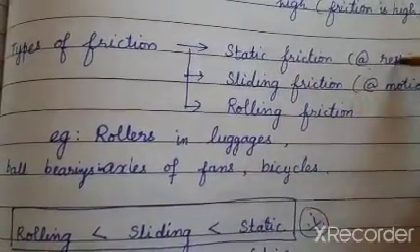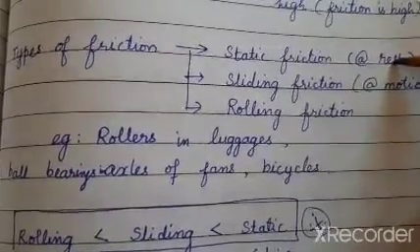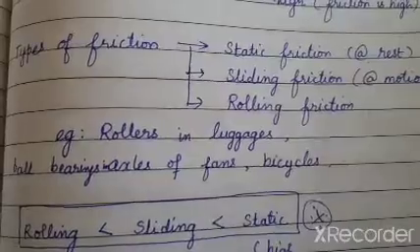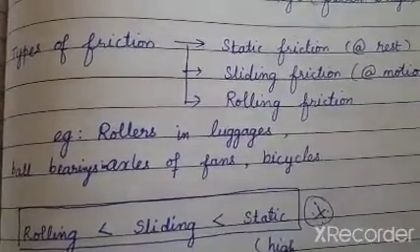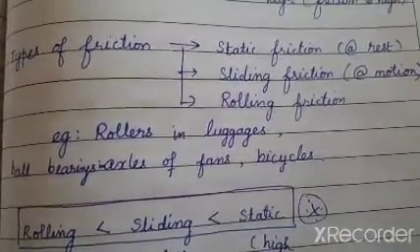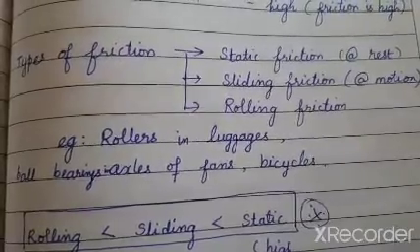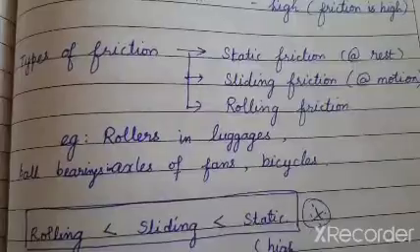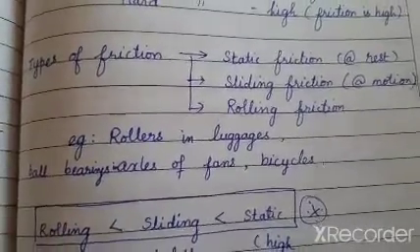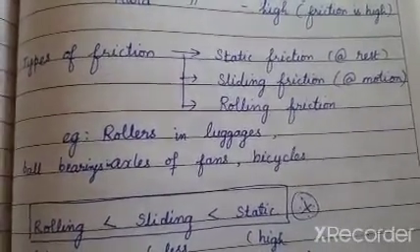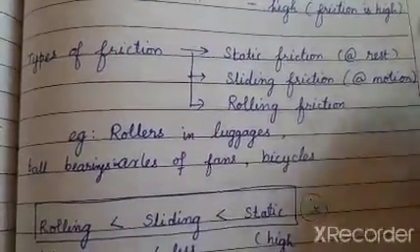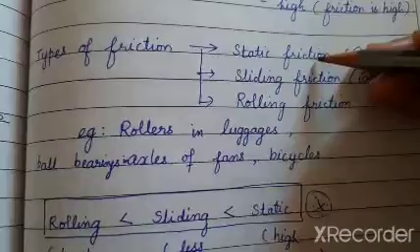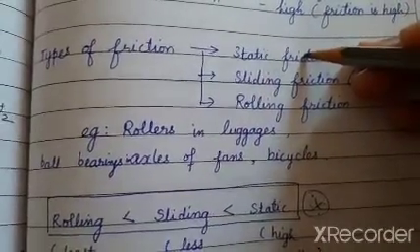If an object is in the same position for 3 years, a desk is in the same position for 3 years, okay, if I wanted to move it, is it possible for me to drag the desk at the first instant itself? No, right? I have to put a lot of effort to move the desk from that stationary position. So that lot of effort is because of static friction.